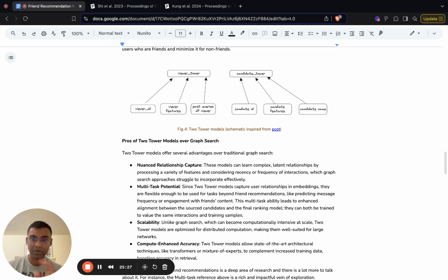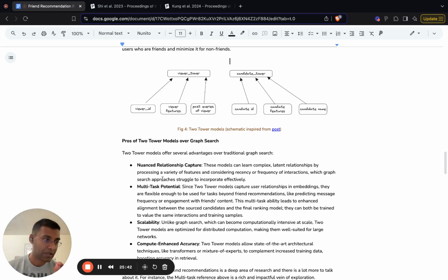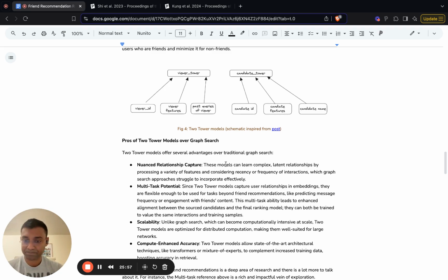Second, the overlap between the candidates of graph search and embedding-based retrieval is very low. And third, the efficiency of candidates coming from embedding-based retrieval is on par with candidates coming from graph search, because the impression to friend request and friend request to acceptance were both on par.